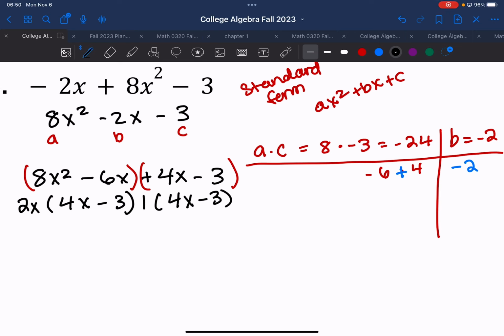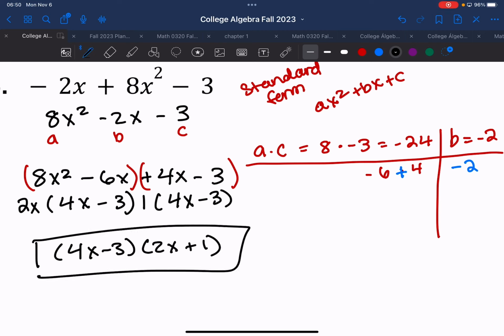Do we have matching parentheses? Okay, so that means our answer is 4x minus 3 and 2x plus 1. Remember, if we take out a positive number, it's plus. If we take out a negative number, then it's going to be minus.